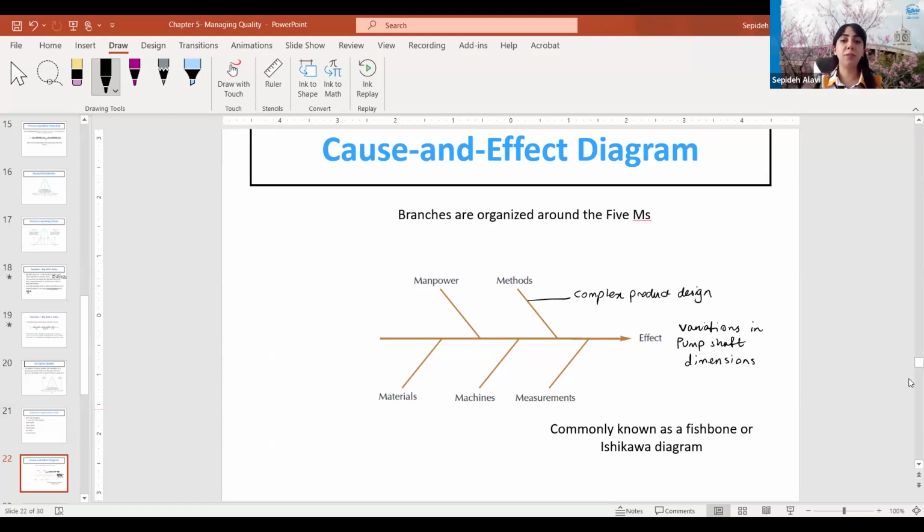And what is the cause for this cause itself? So maybe the reason was that the designers didn't talk to the manufacturers. There was this lack of communication between those.